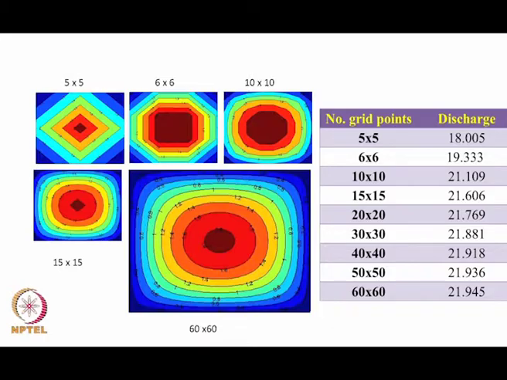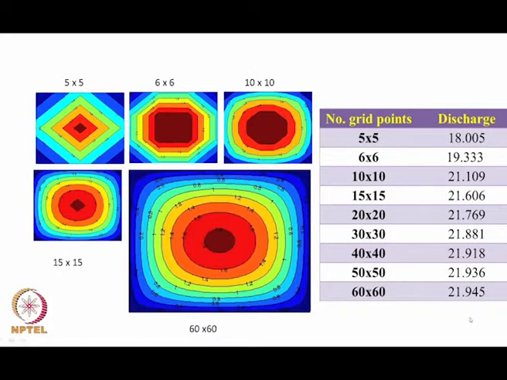So there won't be significant difference between successive values as you increase the number of grid points, and that is when you can claim that you have a grid independent solution, and we expect the grid independent solution to match with the correct solution, the exact solution of the equation.